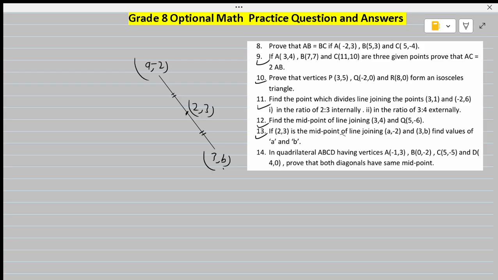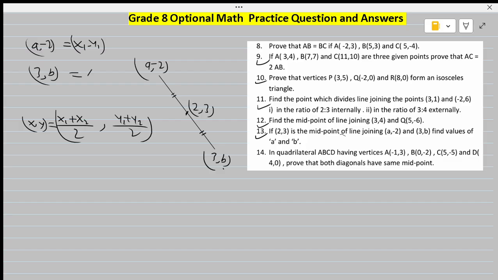So we'll be using the midpoint formula here. The midpoint x y equals x1 plus x2 divided by 2 comma y1 plus y2 divided by 2. Here a comma minus 2 is the first point and 3 comma b is the second point, since the midpoint is found of the line joining these 2 points.